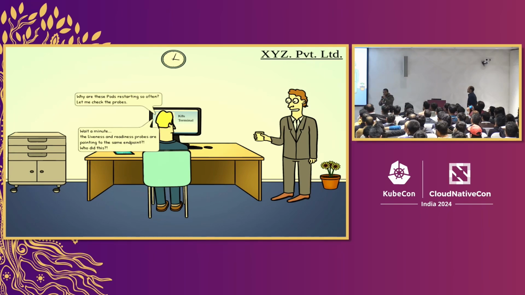Then they described the pod definition and identified that the liveness probe and readiness probe are pointing to the same endpoint, which could be the reason my application pod is restarting. So we'll take this problem statement, and in the next couple of slides, we'll understand what this issue is and how we can recover from it.